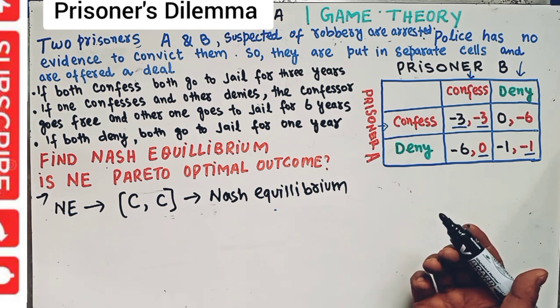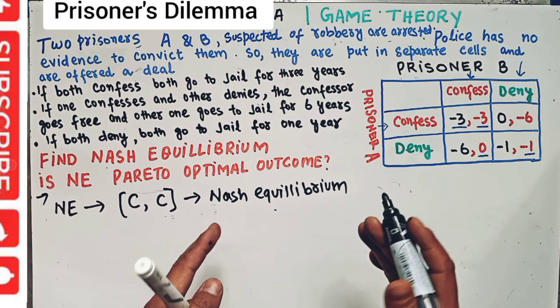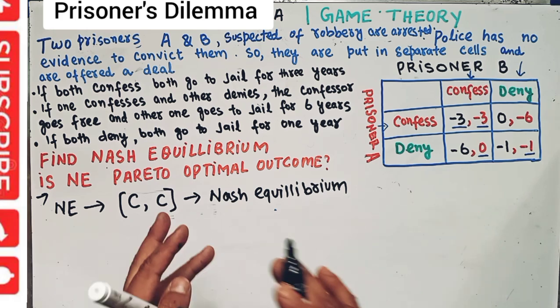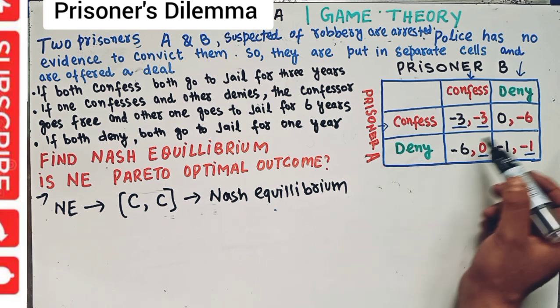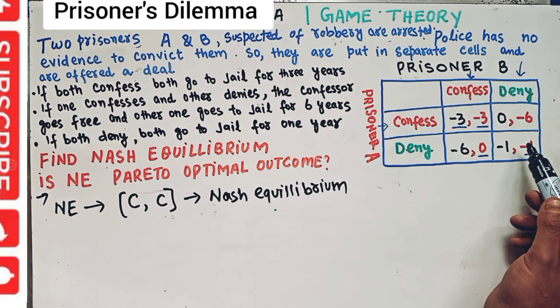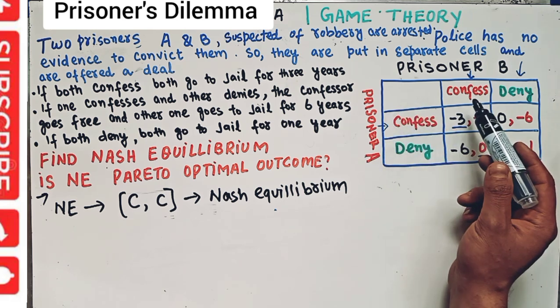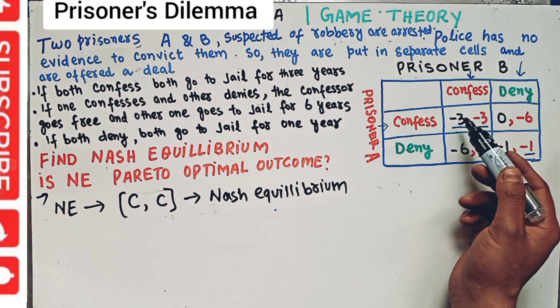In this case, if both the prisoners come in contact and agree to deny whatever happens, you can see when both deny, they get only 1 year in jail. If both confess, they get 3 years in jail. Obviously, getting 1 year in jail is better than getting 3 years in jail.